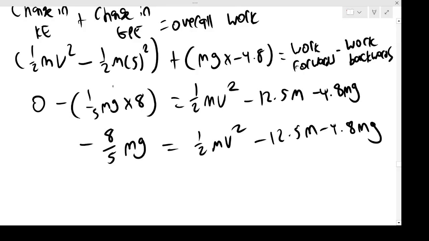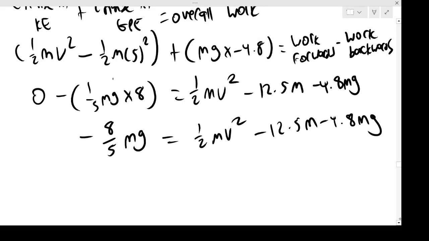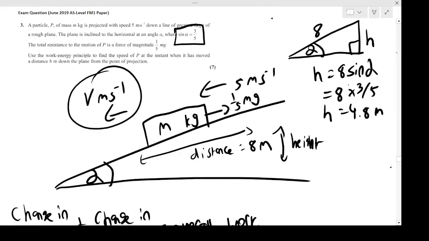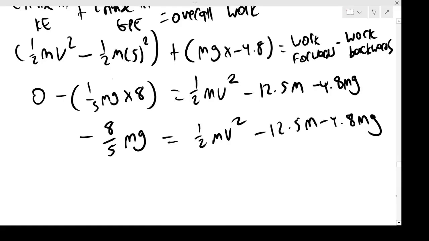Again, don't be put off by the algebra. It's the exact same steps we've been doing so far, but now with a bit of algebra mixed in. Remember, there's a lot of letters here, but we want to work out the final speed v. That's what we want to find, nothing else. Actually, we can simplify this because m's are everywhere, so we can effectively divide everything by m to get rid of it.